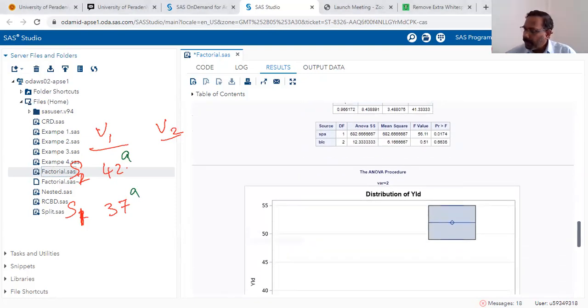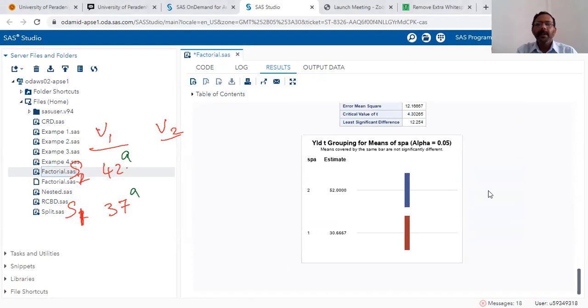For variety 2, from the model, you can see it is significant. So we could see there's a difference between the spacings for that particular variety. Let's look at that. Yes, this is the output.